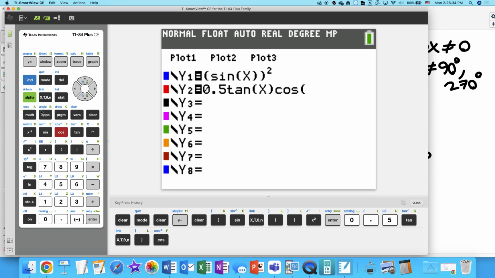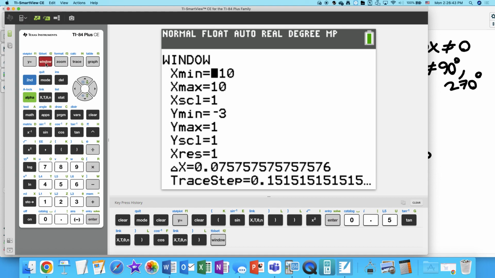Okay. And the other thing that I'm going to do is go to my window settings. And what I like to do for these types of equations is set the window to my domain, because then I'm going to see exactly the solutions that are available and nothing more and nothing less. So I'm going to make my x min 0 and my x max 360.